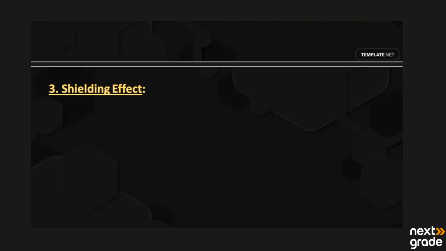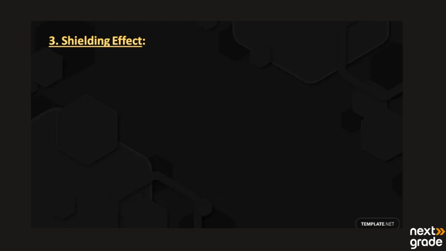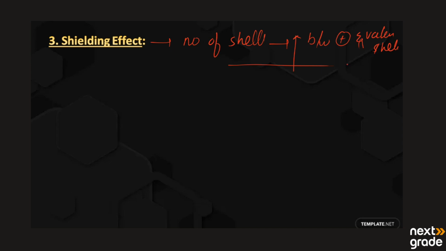Next, the third factor we have is the shielding effect. Shielding effect is this: as the number of shells increases between the nucleus, or positively charged part of the atom, and the valence shell, then the shielding effect increases. So the removal of electrons from the outermost shell is easy.